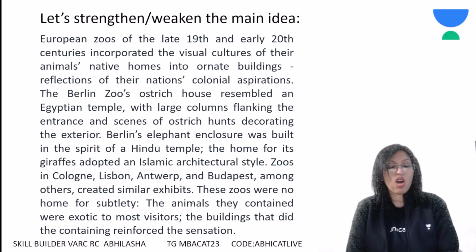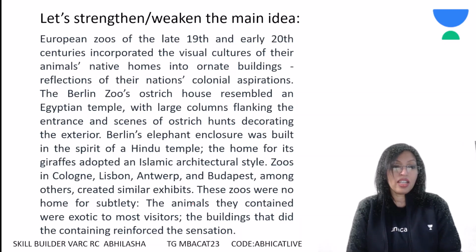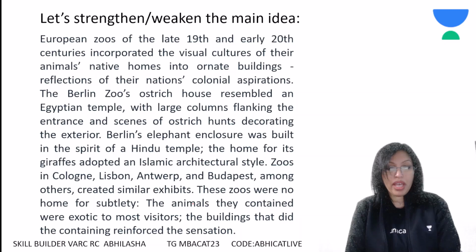The Berlin Zoo's ostrich house resembled an Egyptian temple with large columns flanking the entrance and scenes of ostrich hunts decorating the exterior. Berlin's elephant enclosure was built in the spirit of a Hindu temple. So elephant is put in a Hindu temple. The home for its giraffe adopted an Islamic cultural style. Zoos in Cologne, Lisbon, Antwerp and Budapest, among others, created similar exhibits.